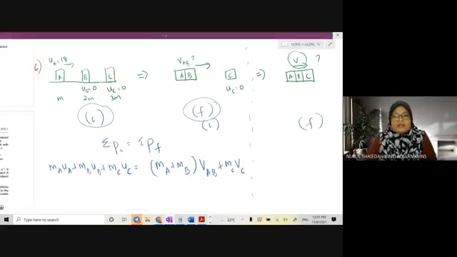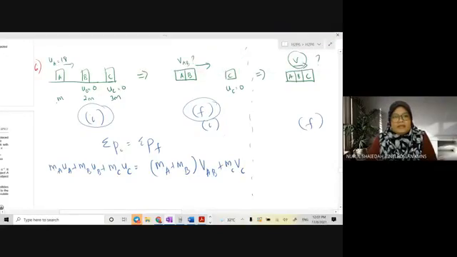Alright, so we substitute the values. MA is M, UA is 18. MB is 2M, UB is 0. MC is 3M, UC is 0. Equal. Mass is the same whether combined or not.